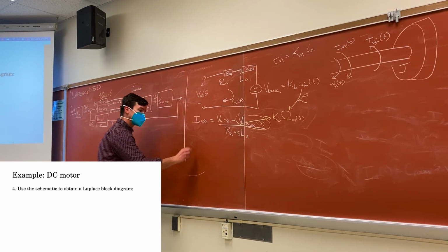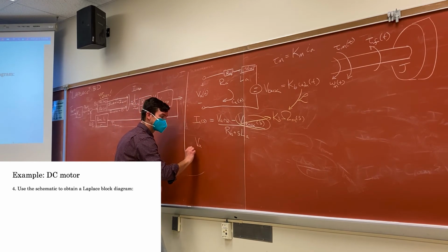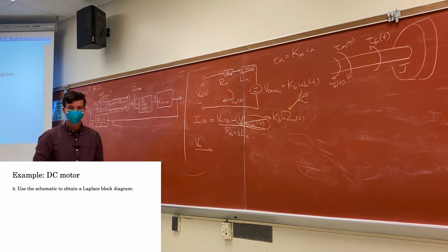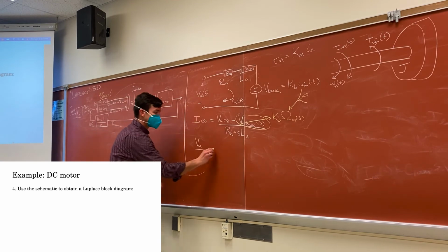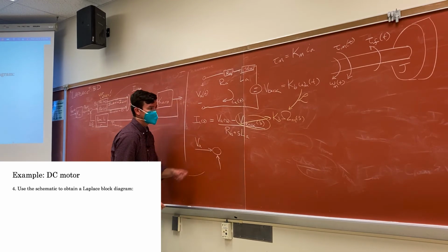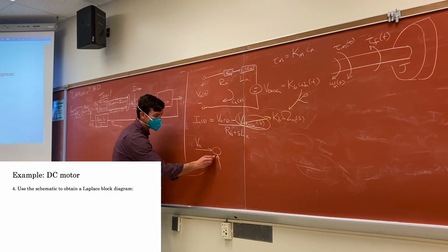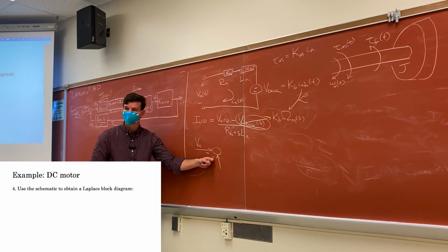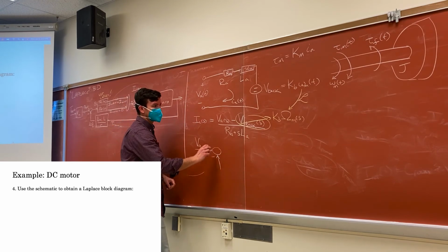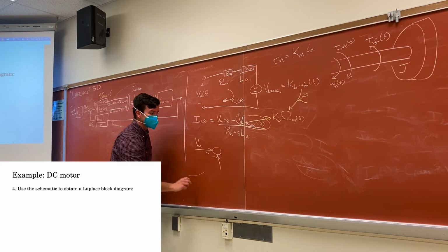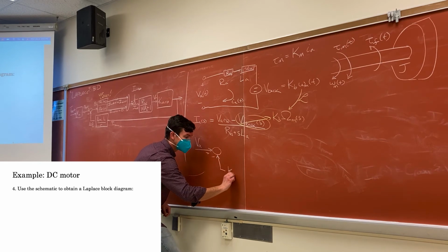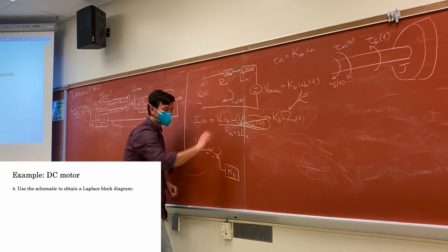All right, so if our armature voltage is an input signal, I've got a minus sign here, which is a surefire clue that I want to put a minus sign here. This signal, the yellow one, is KB times the motor speed.